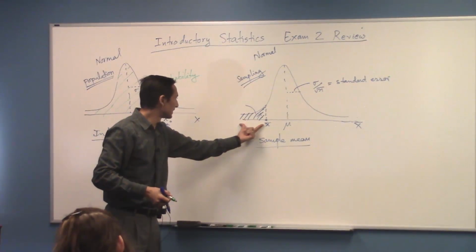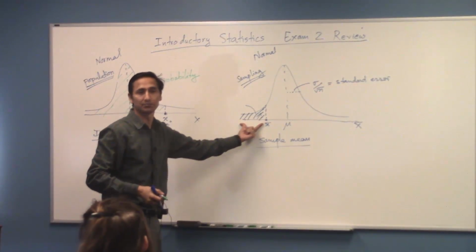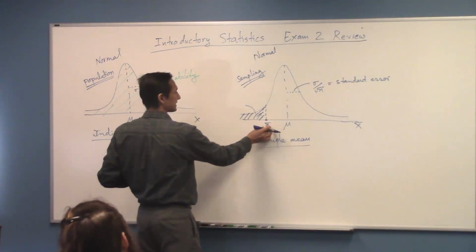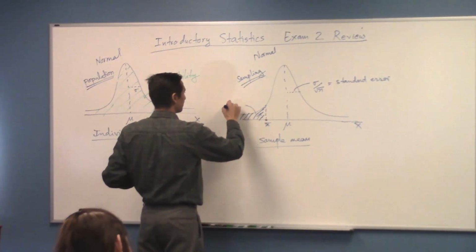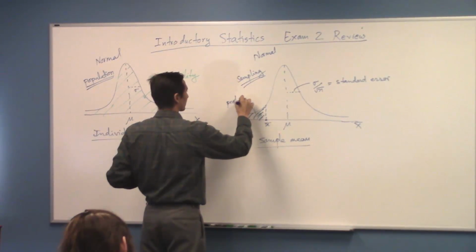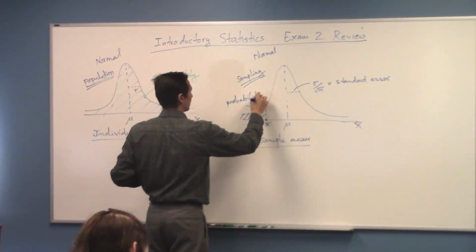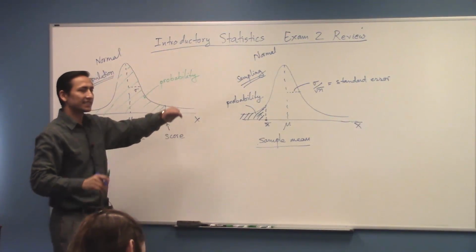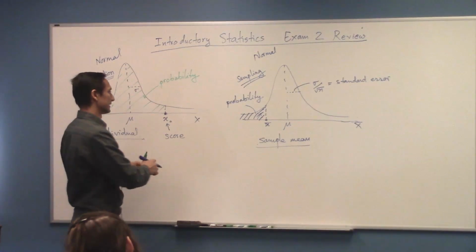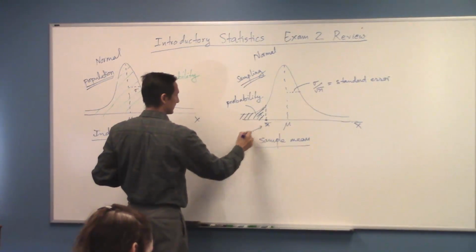If this probability is less than 5%, then you will say that this sample mean is very unusual. So you will need to be absolutely clear about scores and probabilities. This is a probability, and this is a score.